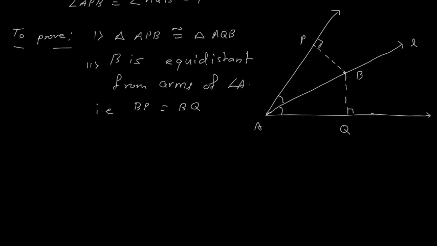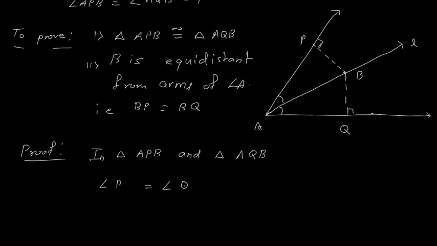So in proof, we can say that in triangle APB and triangle AQB, first of all we can say that angle P is equal to angle Q is 90 degrees. Okay, given.